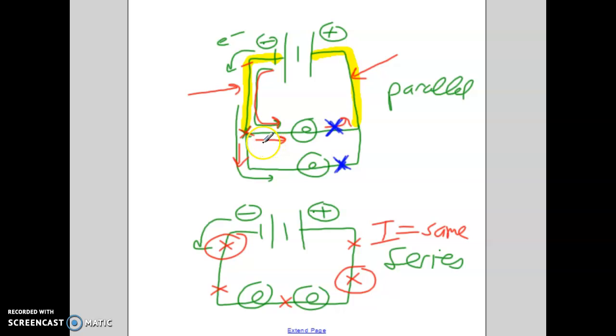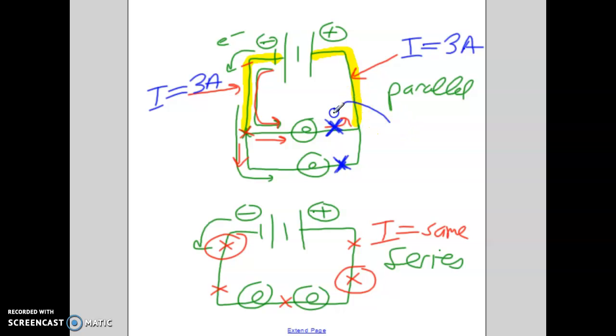Now, you may be thinking, oh, it's probably equally split, 50% go this way, 50% go that way. Not always, okay? Let's say the current at this spot was 3 amps. When all of them are together, the current is 3 amps. Here where we have that yellow highlight, we have 3 amps.